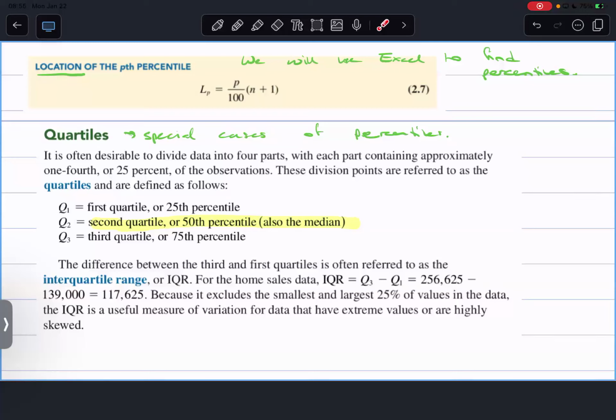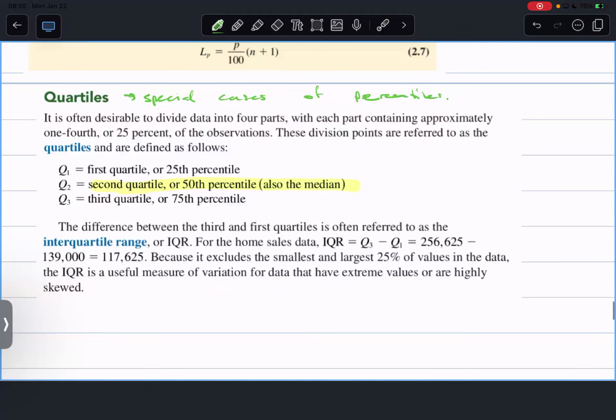So now you've split your data into quarters. Let's say you've got the minimum to the maximum value here, and then you've got your median in the middle, and then splitting it into quartiles, I've got Q1 and Q3.